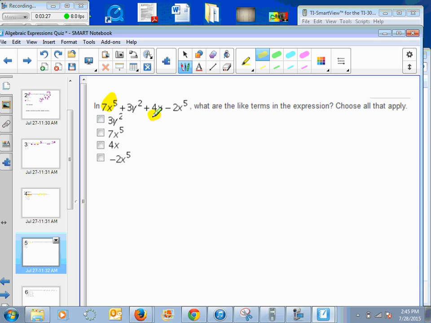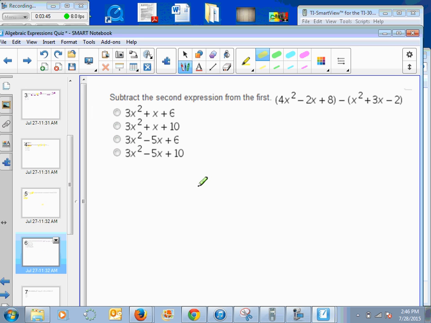Same variable, but it's not to the same power. Instead, you've got -2x to the fifth. So 7x to the fifth and -2x to the fifth are your like terms. Same variable, same power.